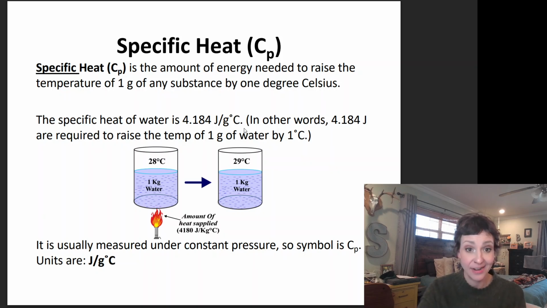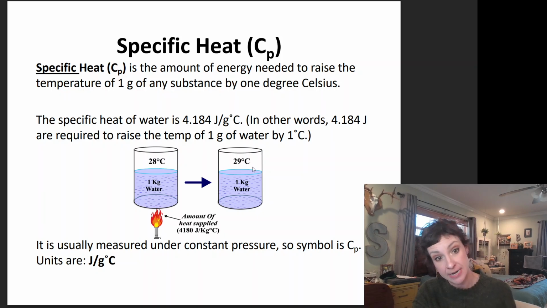Now, a lot of people will use specific heat with kilograms as opposed to grams, which is why down here on this picture example, you see the joules value up by a factor of 1,000, because I'm representing kilojoules. If we're doing it for grams, that number for water is 4.184, which is what we will be using as standard. But here that just means, okay, I have to shoot that much heat energy into that sample of water to move its temperature from 28 degrees to 29.